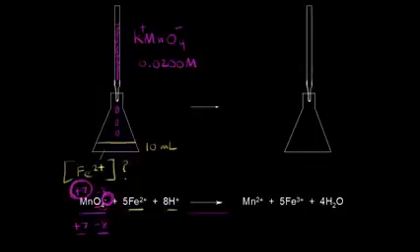Over here for our products, we're going to make Mn2+. So manganese 2+ cation in solution, so the oxidation state is +2. So manganese is going from an oxidation state of +7 to +2. That's a decrease or a reduction in the oxidation state. Therefore, manganese is being reduced in our redox reaction.